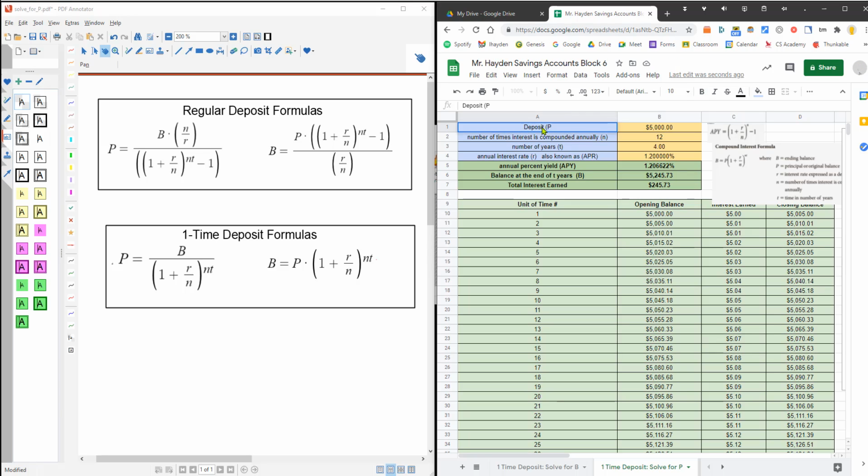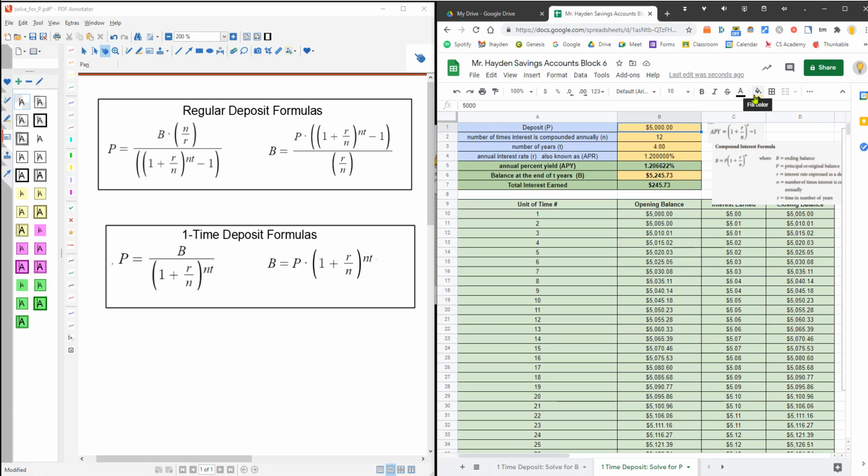Okay, so now we need everything the same except that there's going to be a formula for P, and instead of B being computed, the user is going to enter a value for B. So just to make it clear, I'm going to change the background of the cell that they enter a value in to yellow, and then the deposit P is going to be computed.